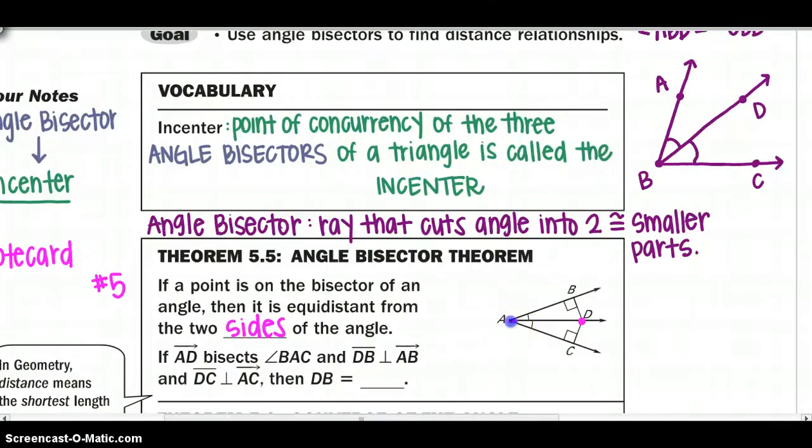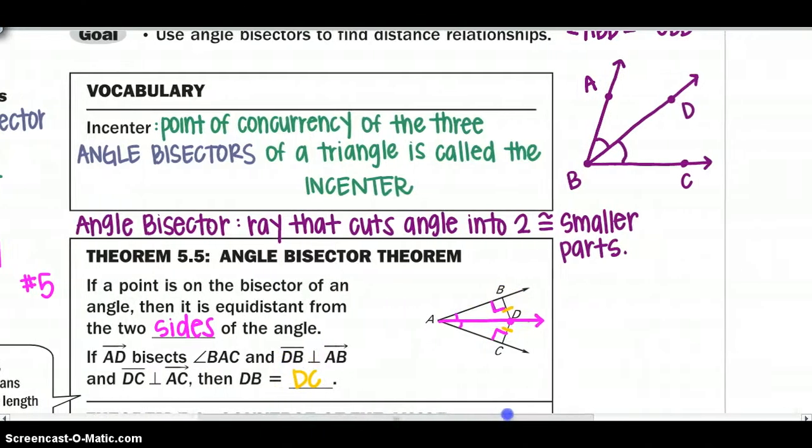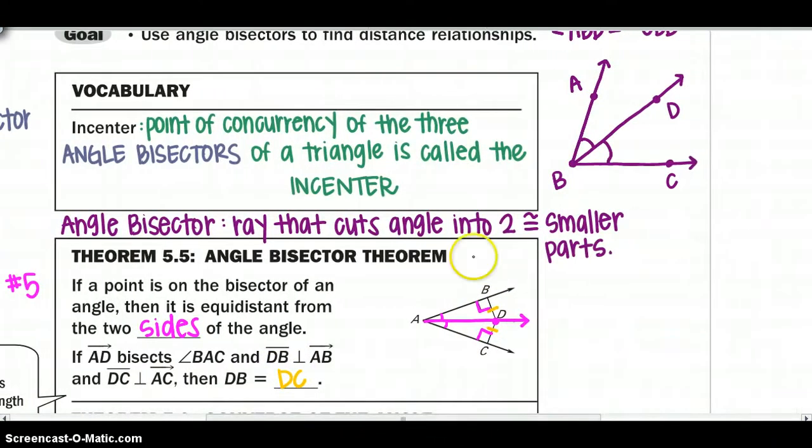If I know that angle A or BAC is bisected by ray AD, and if I also know that DB is perpendicular to BA and DC is perpendicular to CA, then I can assume that DB is equal to DC. So in maybe some simpler terms, what do I get out of this theorem?